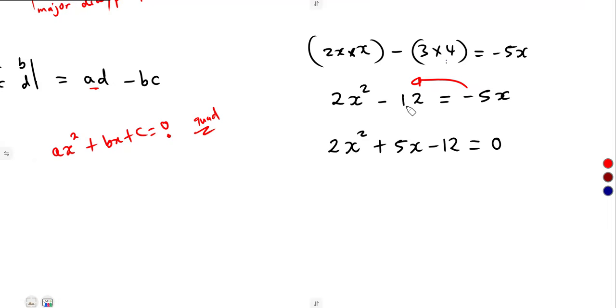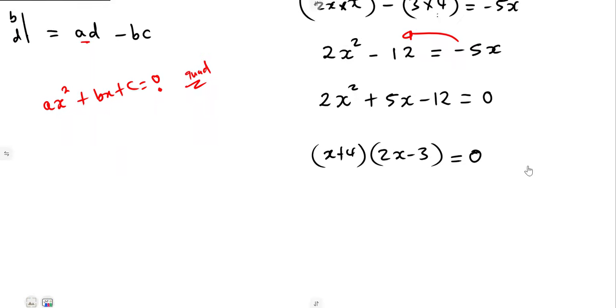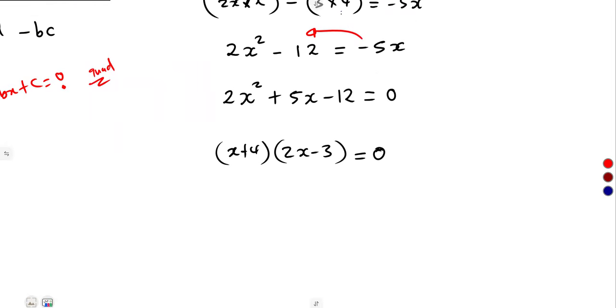Or just simply use the quadratic formula. But if you were to factorize, you're going to have two brackets of x plus 4 and 2x minus 3. So I just want you to factorize properly. If you're using the quadratic formula, then just use the formula directly.